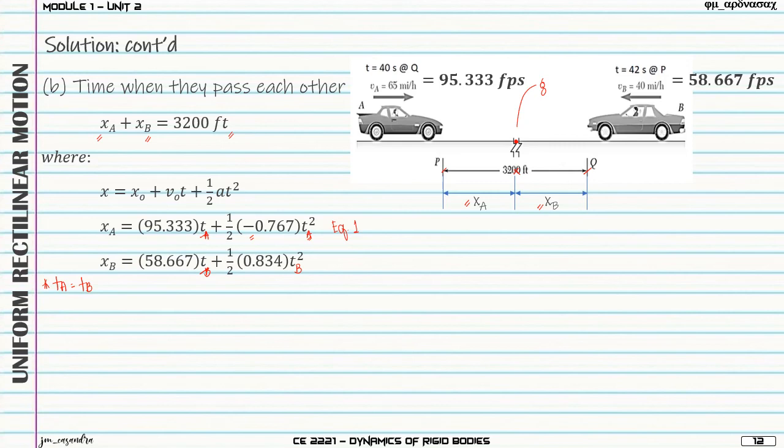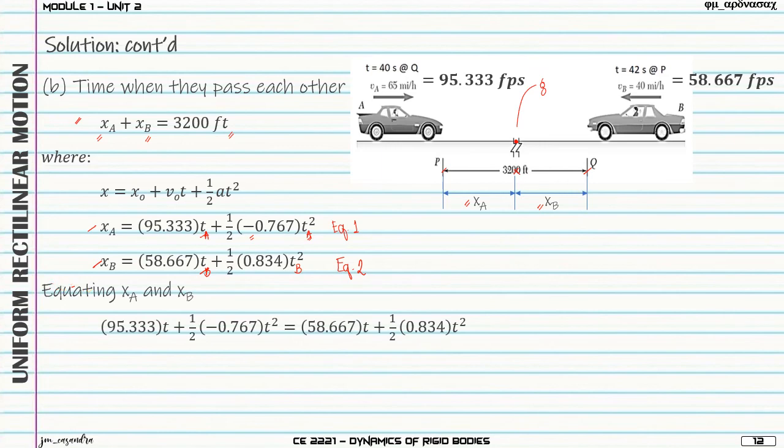Okay? So with that, we can now substitute A and B in our first equation here. So this is equation 2. So we now have equation 1 plus equation 2 is equal to 3,200.